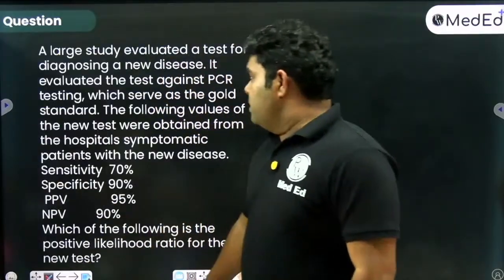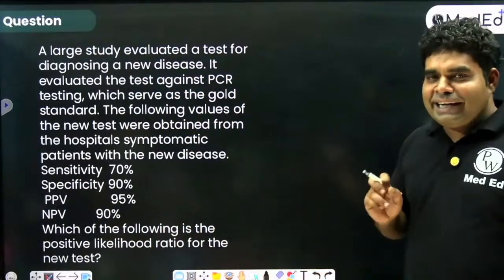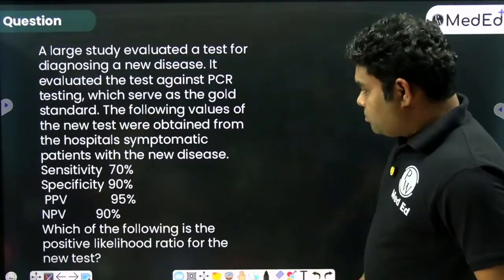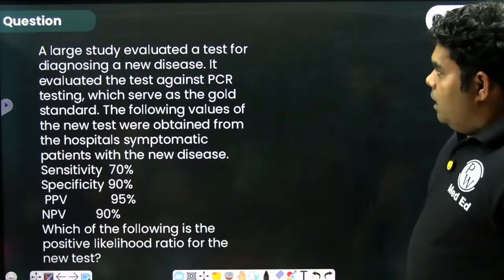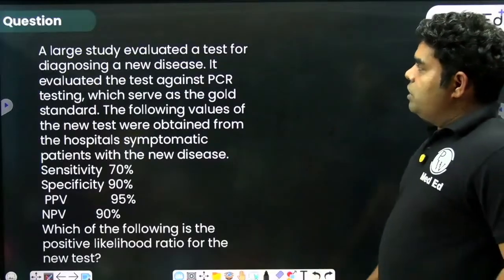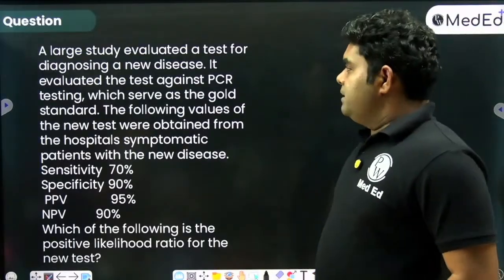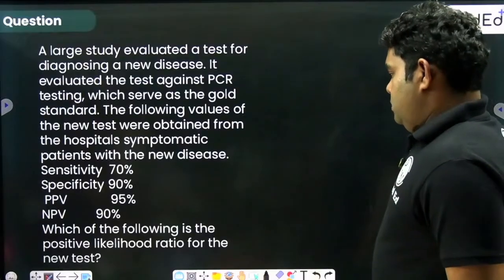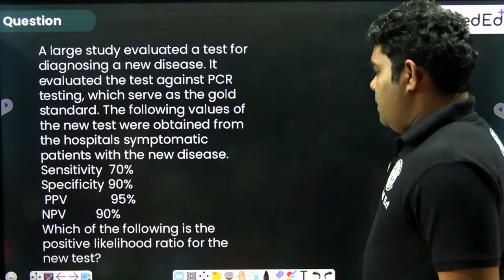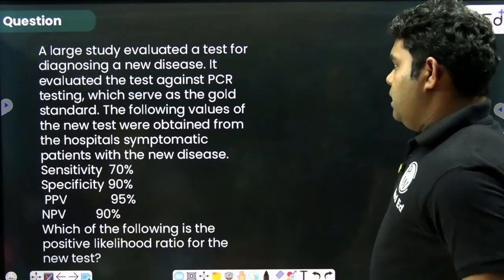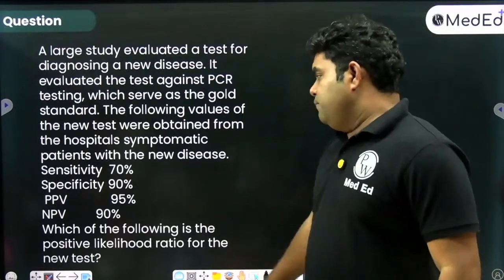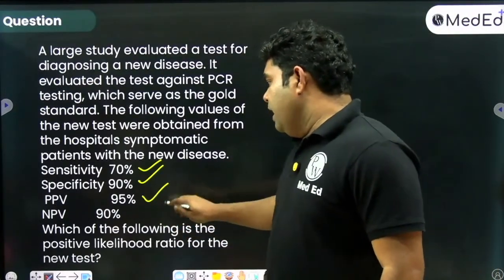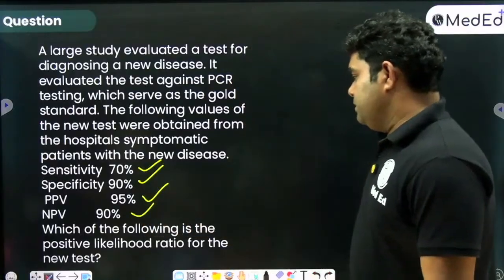Okay, chalo. Now let's come to a very interesting and intelligent question. The question is that there is a large study which is done for diagnosing a new disease, and they are using these values: sensitivity 70%, specificity 90, PPV 95, and NPV is 90%.